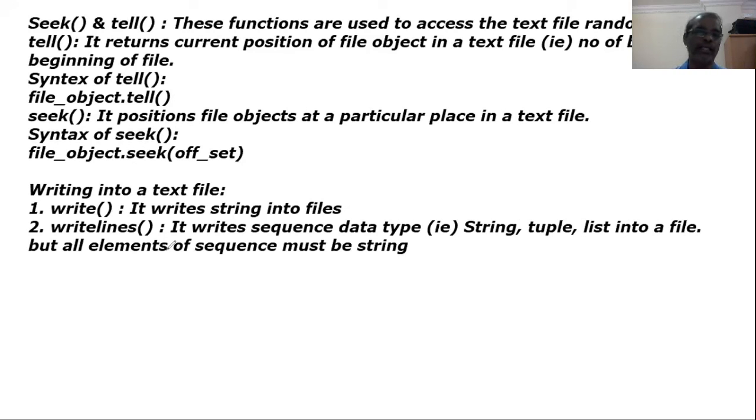Writelines writes a sequence data type. A string is also a sequence of characters. The sequence may be a string, tuple, or list written into a file. But all the elements of the sequence must be strings.